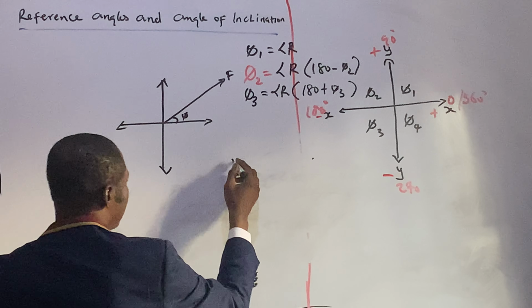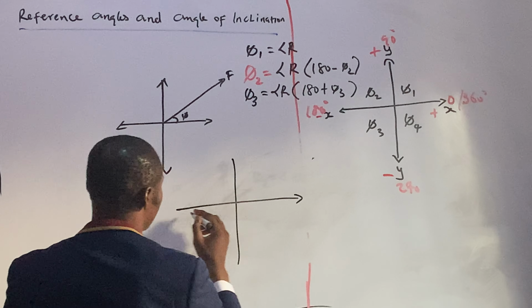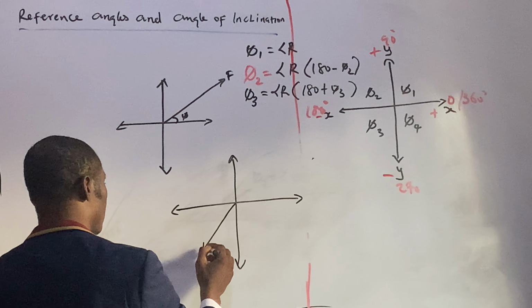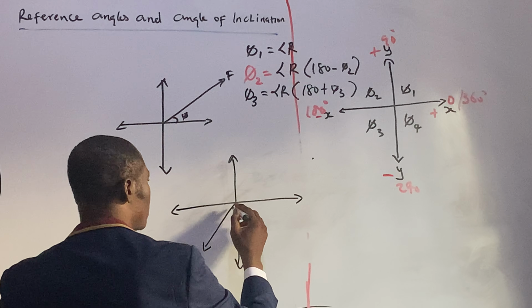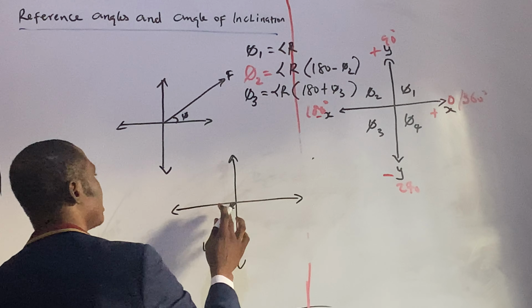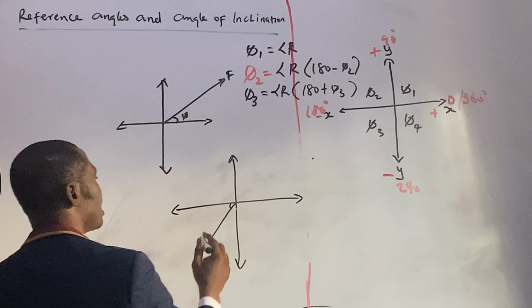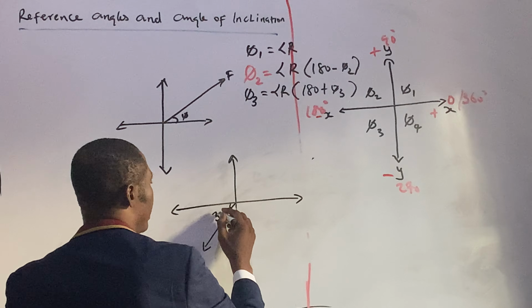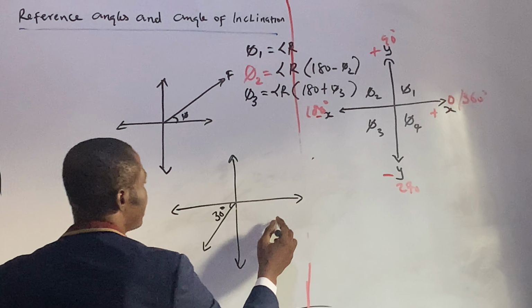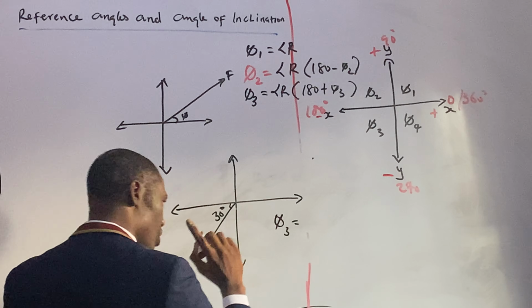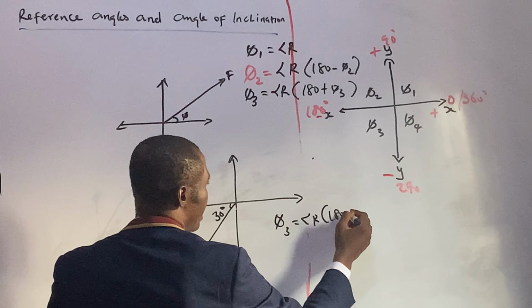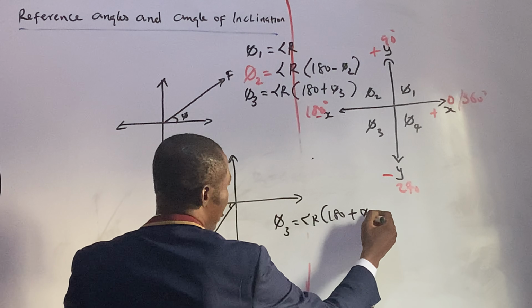Now, let's have an example. Let's say an angle is suspended here towards the negative x-axis, just like this, and it is, let's say, 30 degrees. My theta 3 is equal to the reference angle, which is equal to 180 plus theta 3.